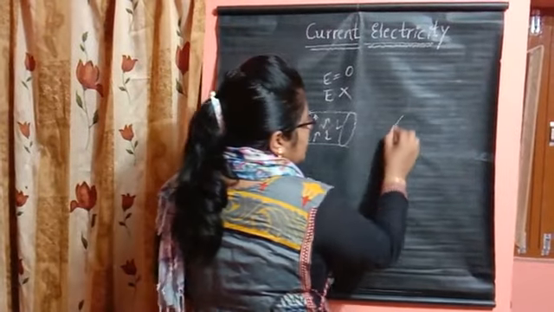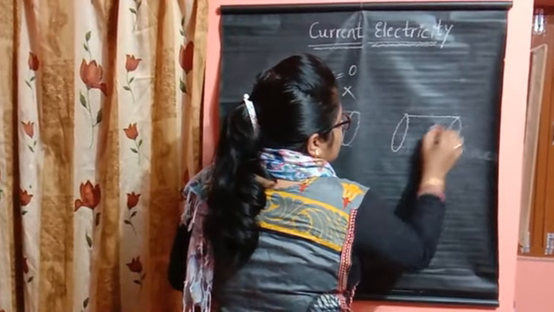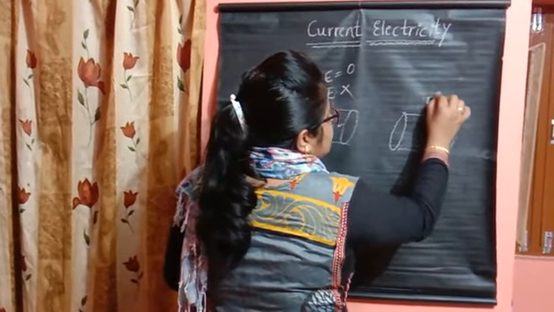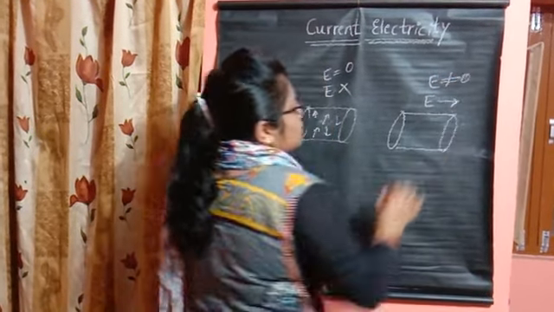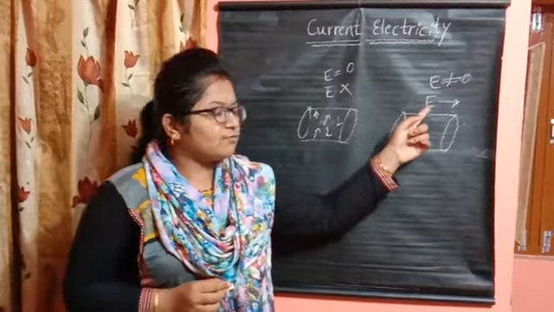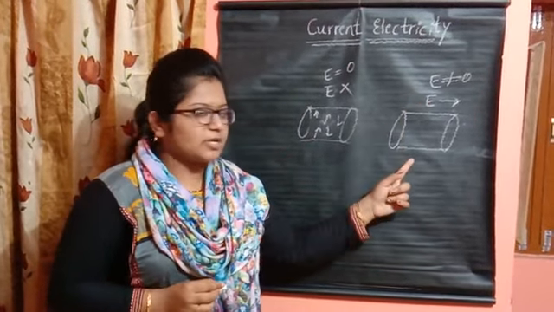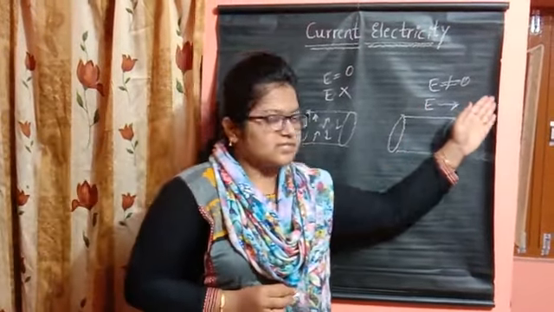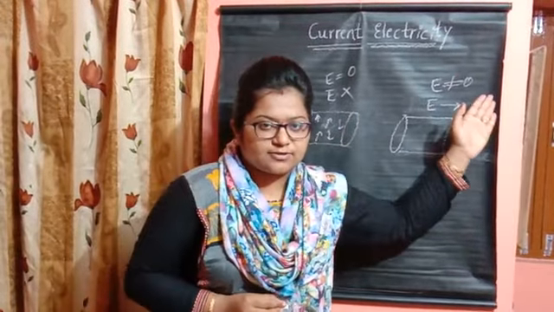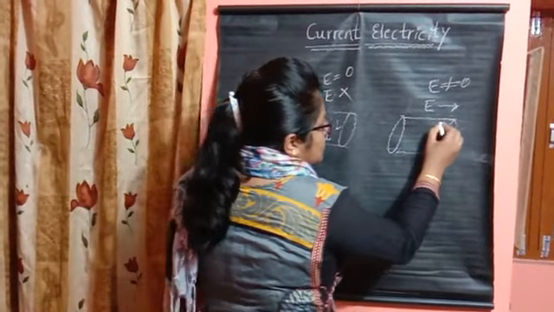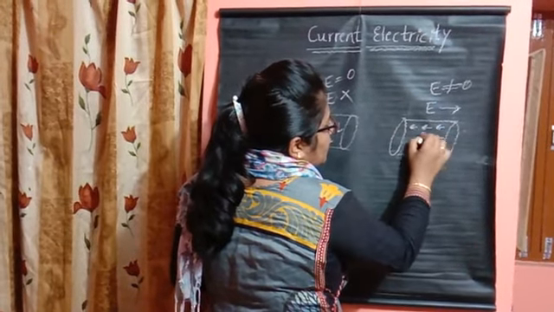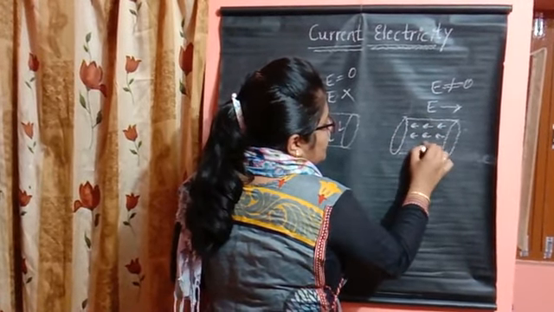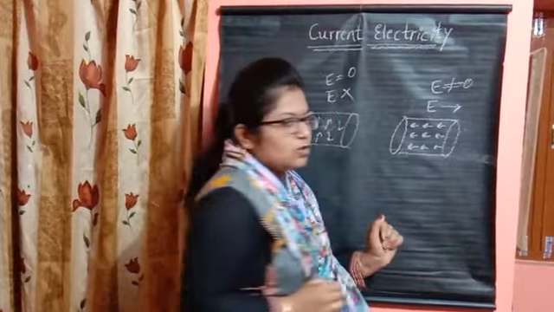But in the second case, to this conductor I am applying some electric field. The electric field is not equal to 0; we are applying it in a particular direction. At that time, all the electrons will move in a particular direction. This I have discussed in the last video, and I am just recalling the things.